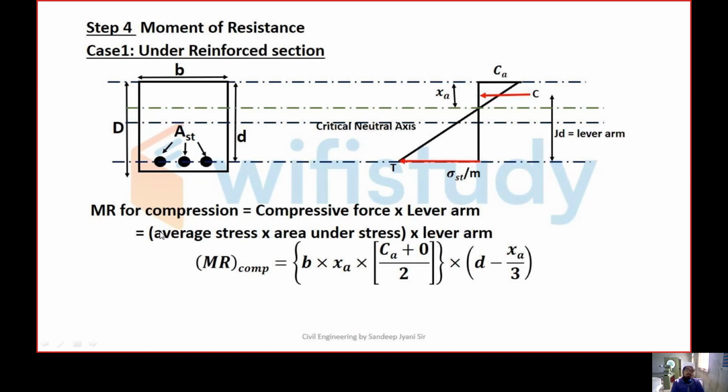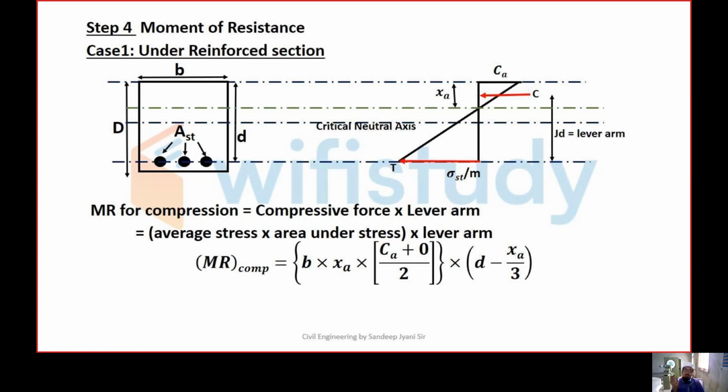If you want to find out the moment of resistance for compression only, what is the formula? Compressive force into lever arm. Moment of resistance for compression is equal to compressive force into lever arm. This is the formula for moment of resistance, or moment carrying capacity. And for compressive force, what is the formula?